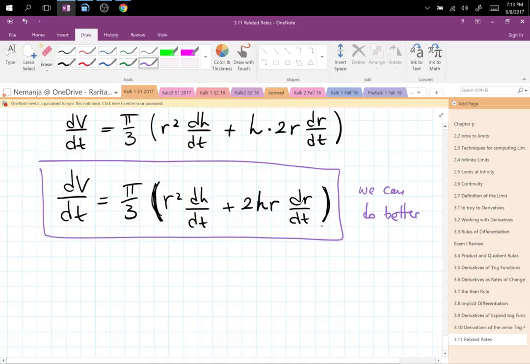You see that we have the change in radius and the change in height. But that is, well, too many rates there.